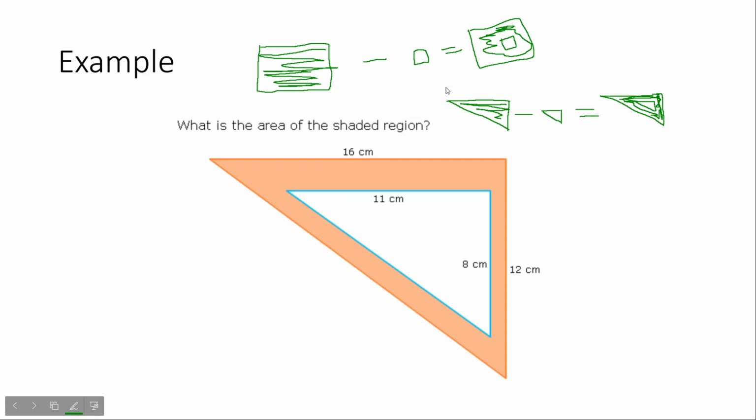So that's our plan. Remember, I always said you should make a plan before you try any question in math. Specifically word problems, but really any question at all. You need a plan to solve it. You need to make sure what you're doing makes sense. If it doesn't make sense, it's not going to be right. I know math can be confusing, but everything does make sense. There is a reason for everything.